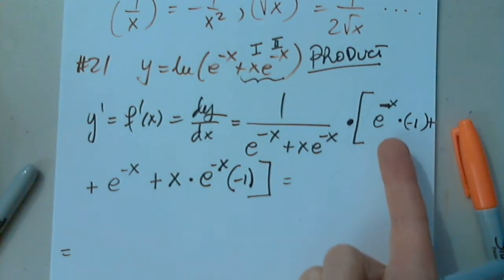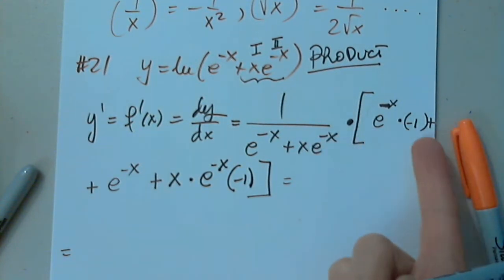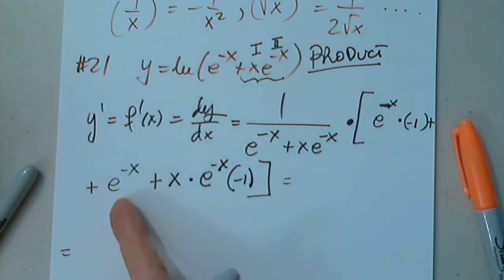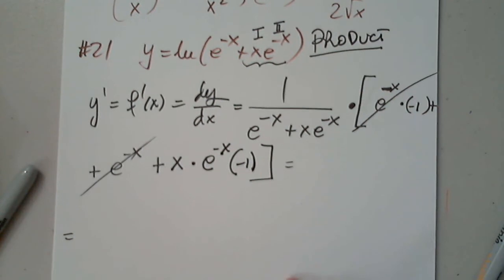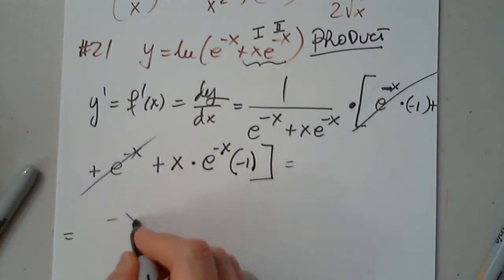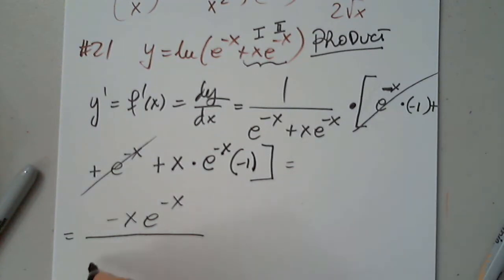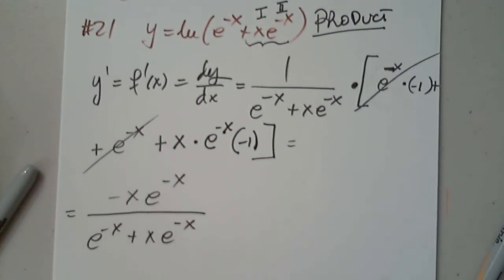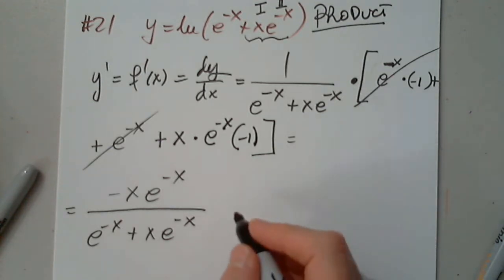So, e to negative x with minus in front is negative e to negative x, but I have a positive e to negative x. Thank you very much. So the numerator is negative x e to negative x, and the denominator is e to negative x plus x e to negative x. I realized one thing, that there is a common factor in the denominator.